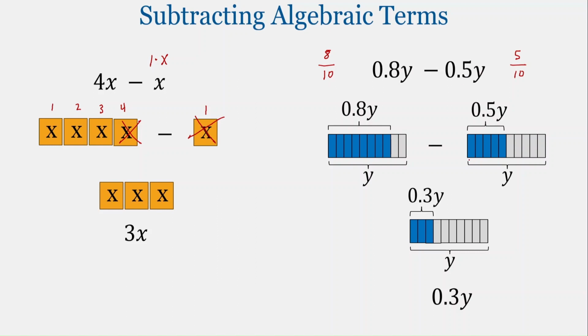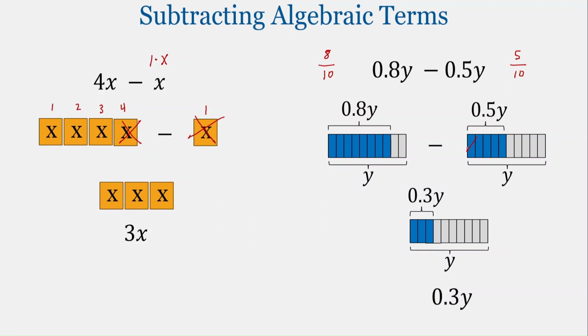So again, y represented as a bar, and we divide that bar into 10 equal pieces. 5 of them would be shaded for 5/10. So for each blue bar in 0.5, we can cancel out a blue bar from 0.8.